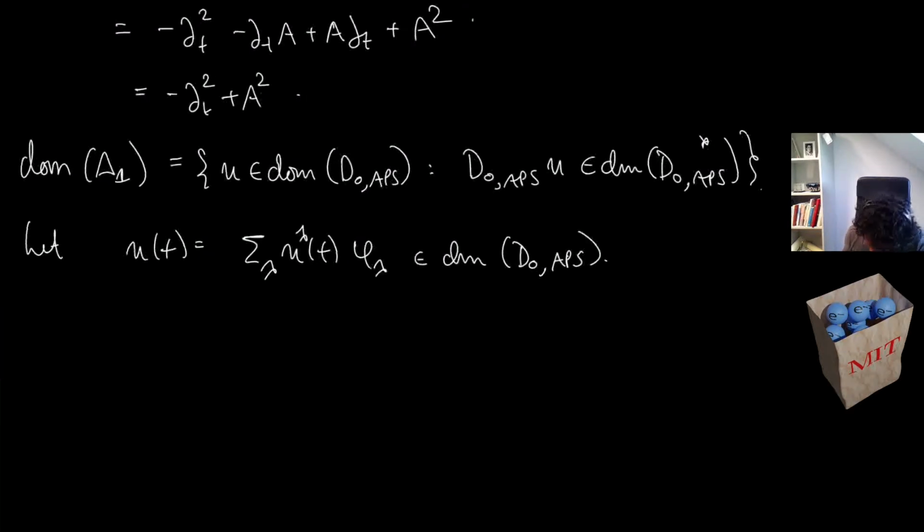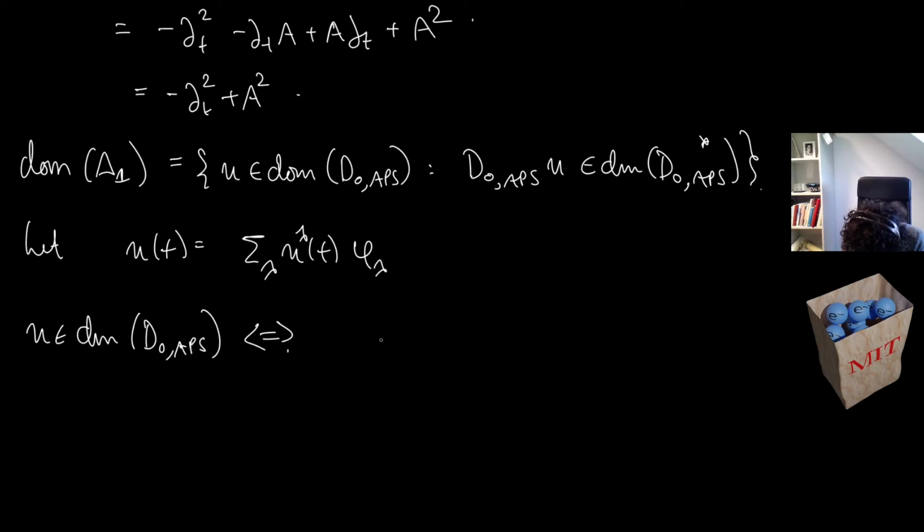So what does it mean for u to be in dom d naught APS? u is in dom d naught APS if and only if u lambda at 0 is 0 whenever lambda is positive, right?